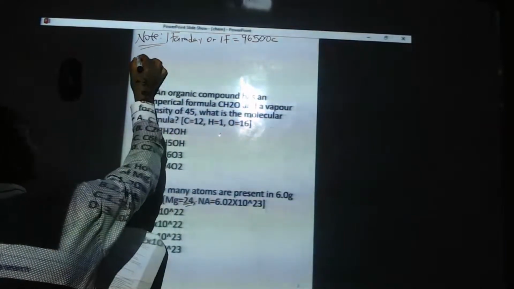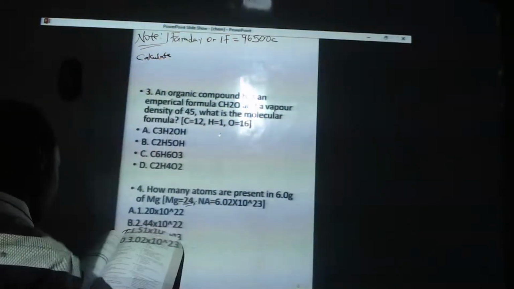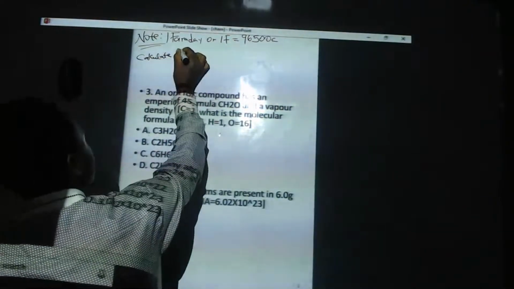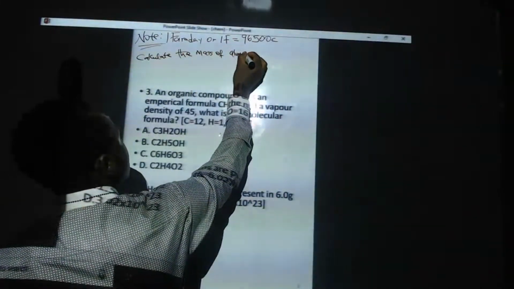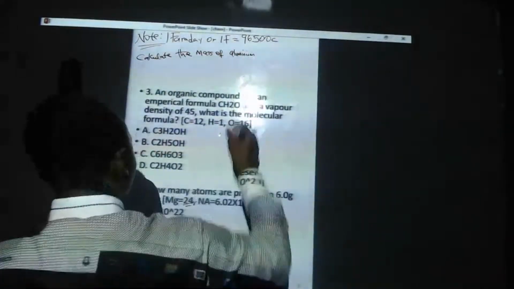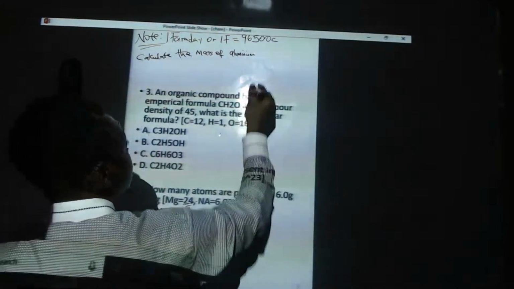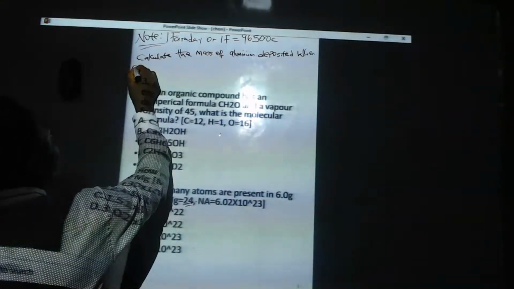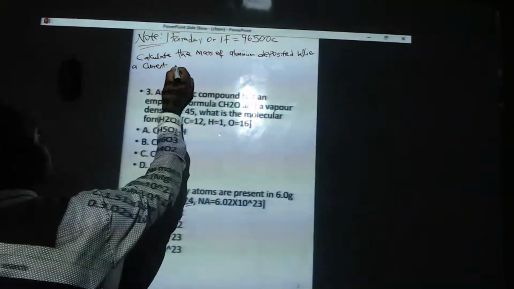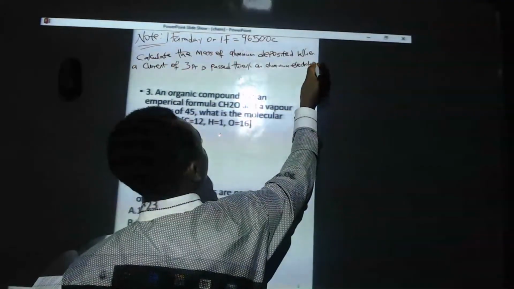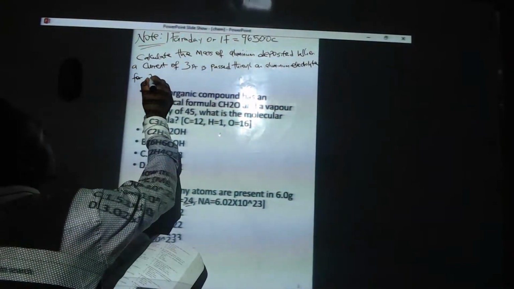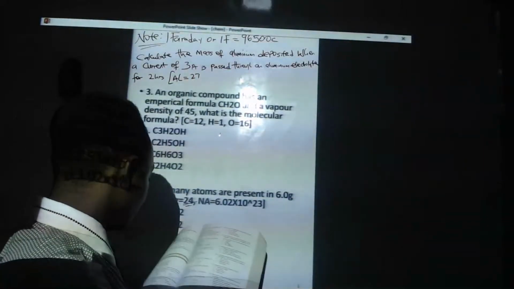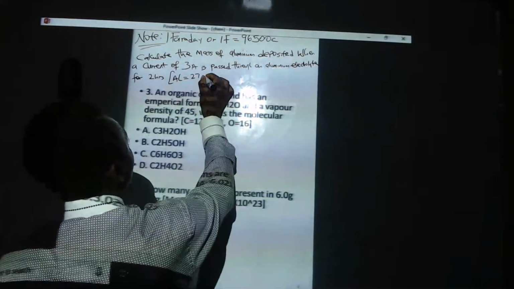They say calculate the mass of aluminium deposited by a current of 3 amps for 2 hours, and then they give you that 1 Faraday is equal to 96500.